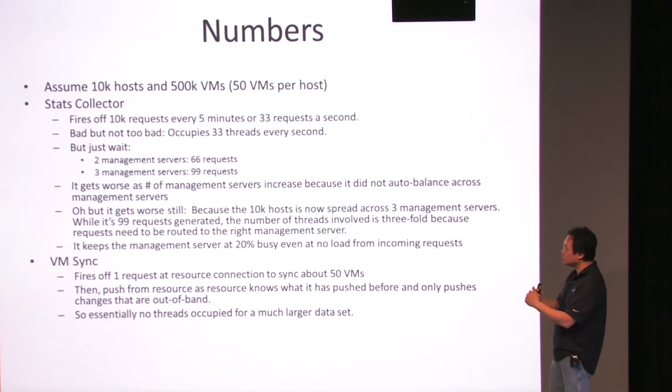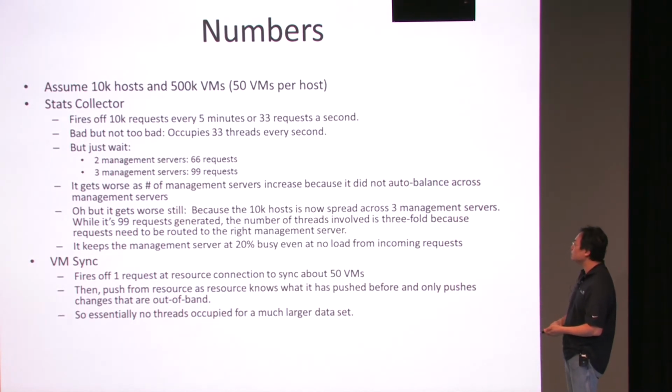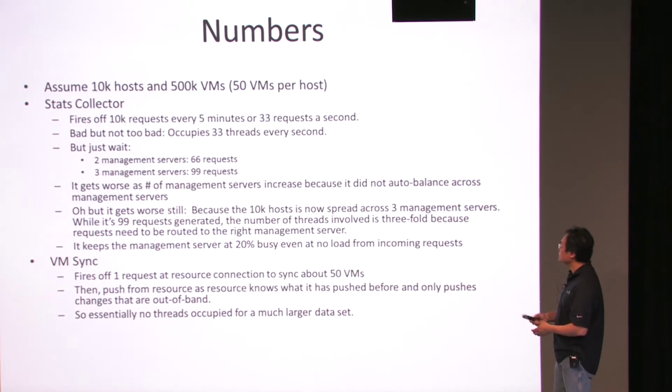There are threads handling that cross-routing, so the number of threads it occupies is actually much higher. And our observation is that when this is running, the management server is at 20% busy, even with no load from incoming requests at all.